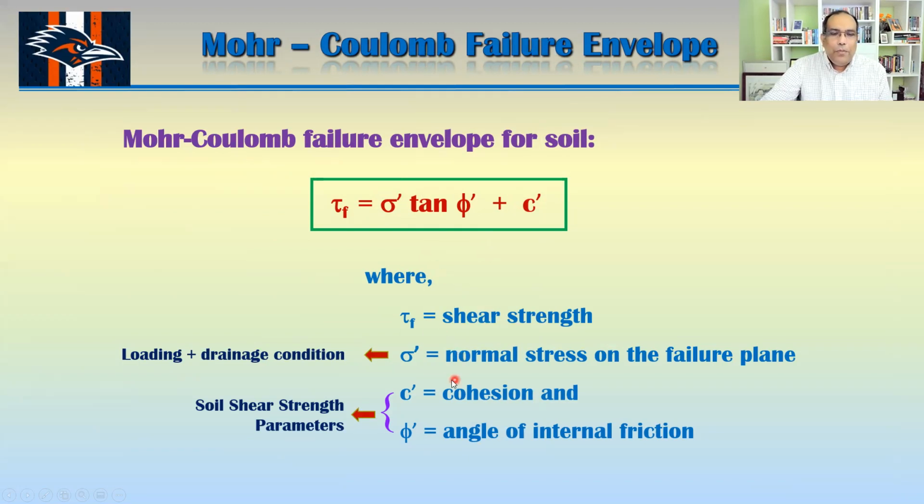Okay, but you can see that your shear strength depends on three things here: this, this, and this. But you already know that phi prime and c prime are soil properties, and sigma prime basically depends on how much loading and the drainage condition. If it drains easily, or all the water can escape very easily, then whatever your normal stress is, that would also be your effective stress, because your pore water pressure would be zero.